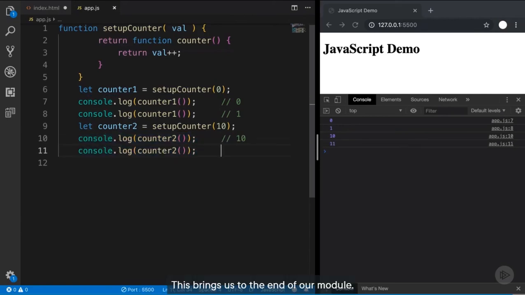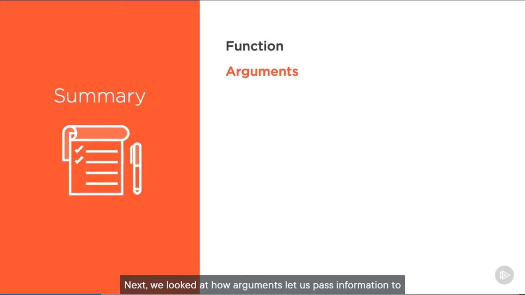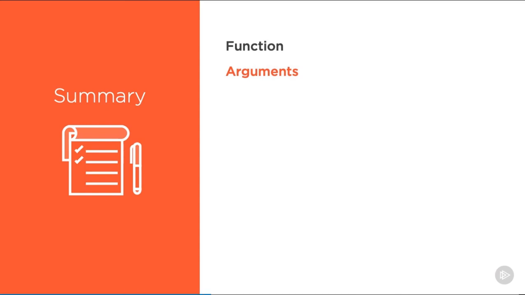This brings us to the end of our module. Let's review what we covered so far. We introduced functions, what they are, why we need them, and their syntax. Next, we looked at how arguments let us pass information to functions, and also how to use the arguments object to iterate through the list of input parameters.